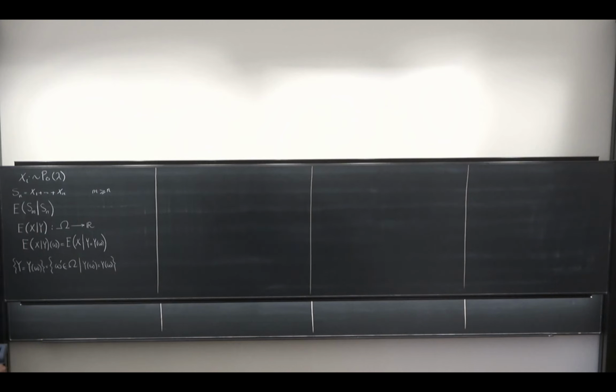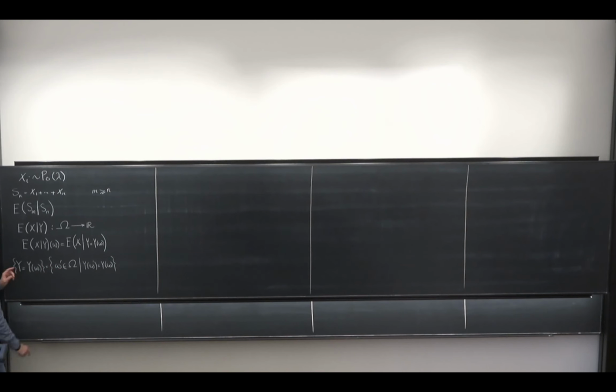So that's the meaning of this random variable. I just play around with the concept. Is this set empty or not? It's the set of all omega primes in omega.